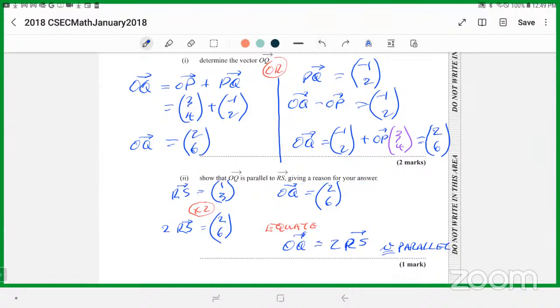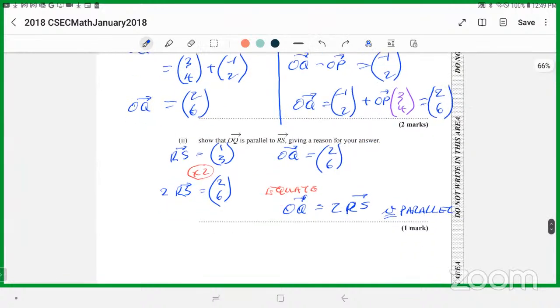It says, give a reason for your answer, so we can state it here: they are parallel because OQ is a multiple of RS. That's what this means.